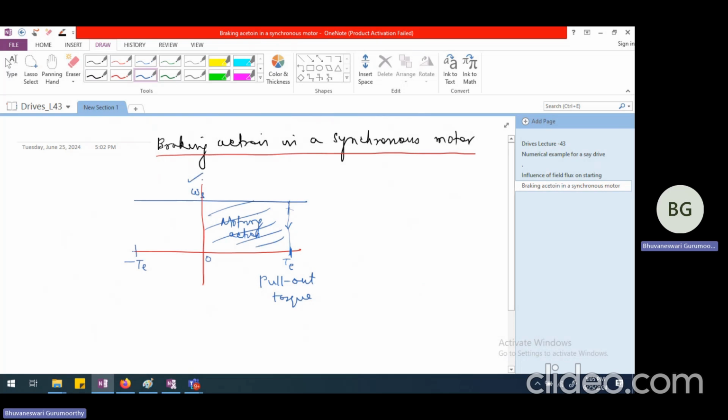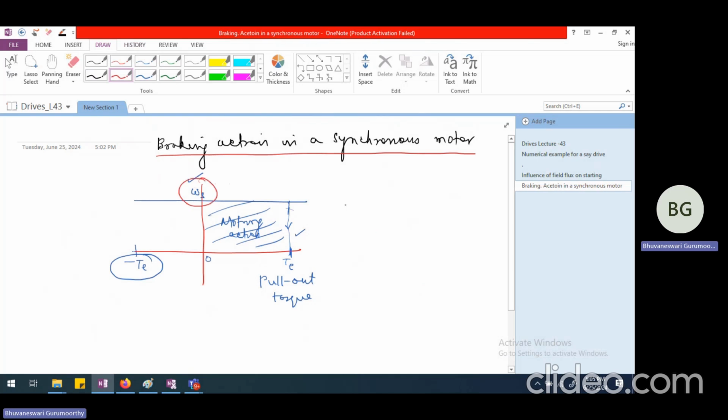This is the synchronous speed. And if you try to make this work as a motor, then the maximum you can load the motor is until pull-out torque. But if you try to make this work as a generator, then in the negative side, it is going to be the same amount of pull-out torque value. So it will either run at synchronous speed or it will not run at all.